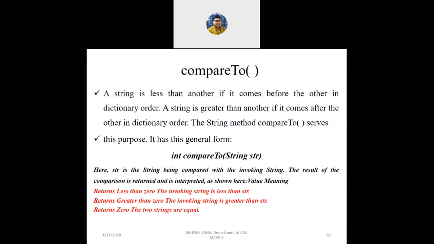The second one comes later. So the string which comes first in dictionary order is lesser or smaller than the other. That is the concept. A string is greater than another if it comes after the other in dictionary order. The method compareTo basically serves this purpose.